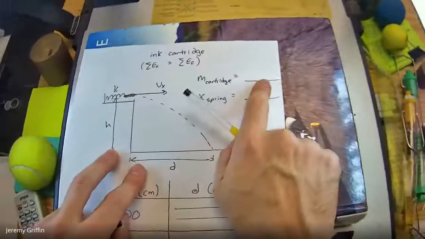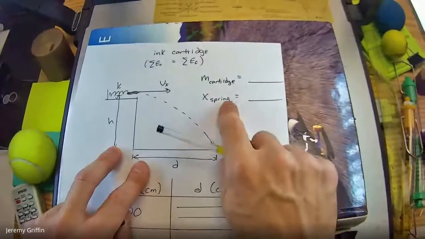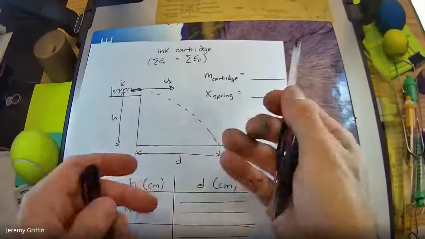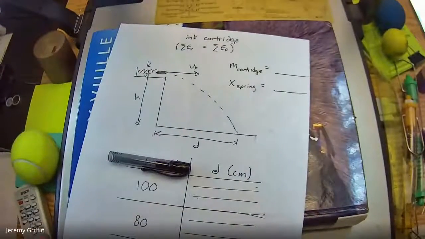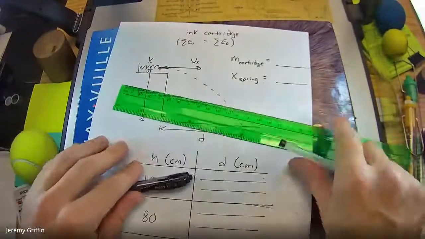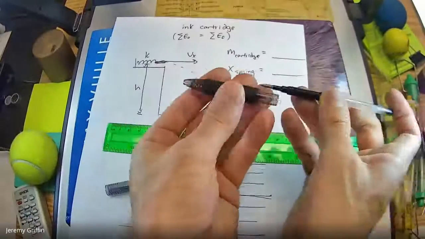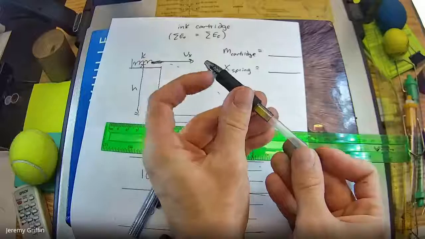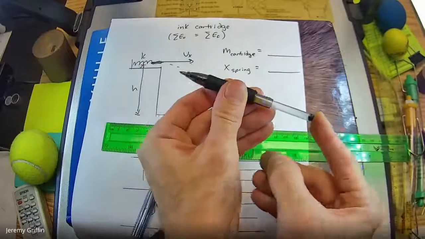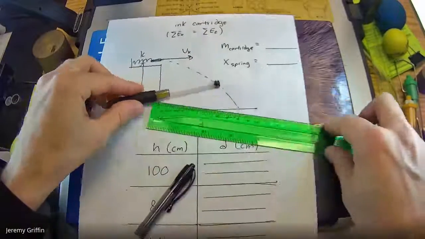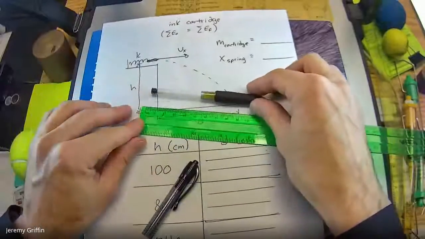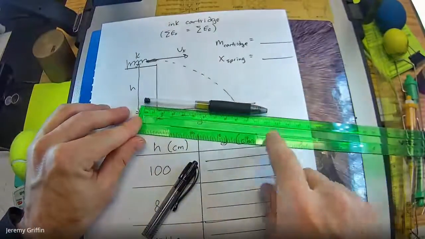Next number down, how much is the spring actually being compressed? Because it's being compressed by some consistent amount, right, if I just press it in all the way. I'm thinking probably order of magnitude of about 1 centimeter. How much does this spring get squashed? Let's find out. One way I could do it is to put this next to your ruler, of course.